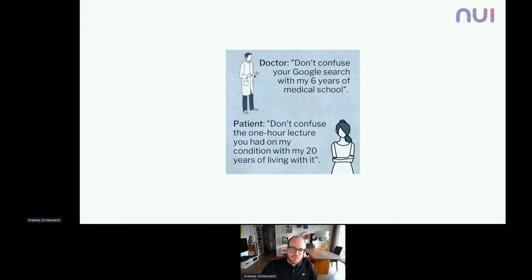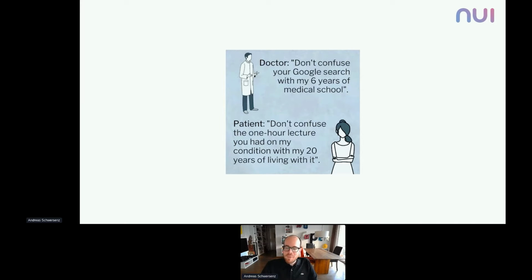Don't confuse the 1-hour lecture that you had in your studies with me. I've been living with that for, in my case, not 20, but 40 years. So I'm an expert on my own disease, but I know for a fact that if you study medicine here in Munich, in Germany, you will have exactly one lecture about SMA, and that's it.